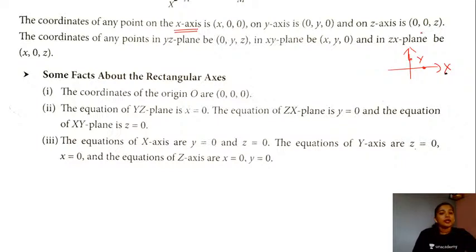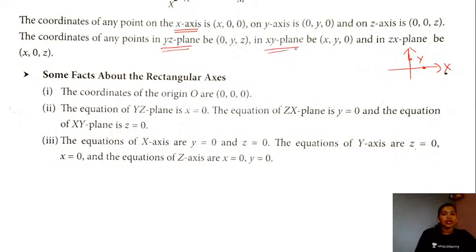If we are referring to any point with respect to a particular plane, like the yz plane, the xy plane or the zx plane, then since we are talking about a particular plane, the other axis is not involved, so that coordinate will be equal to 0. Look at the coordinates of any point in the yz plane: it will be (0, y, z).